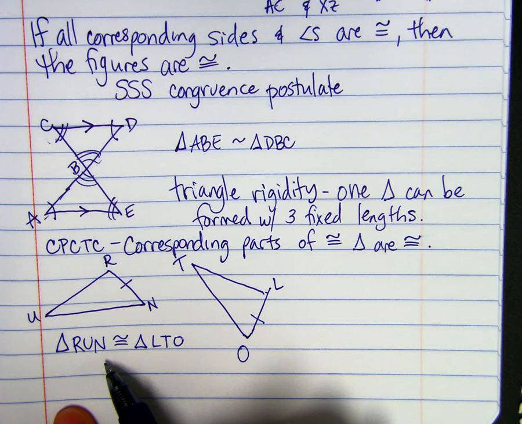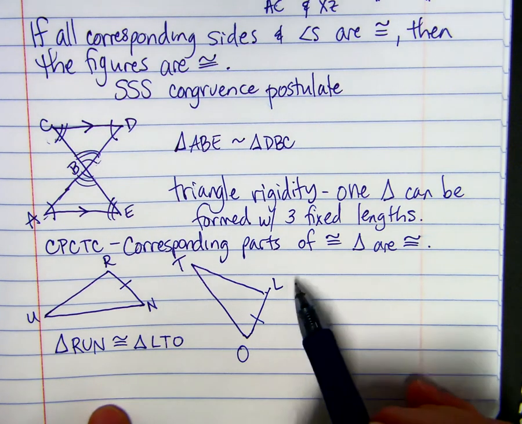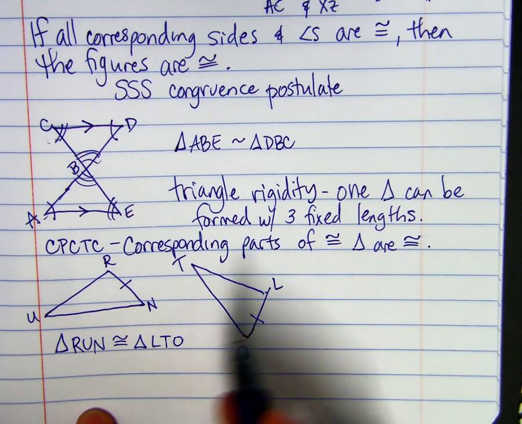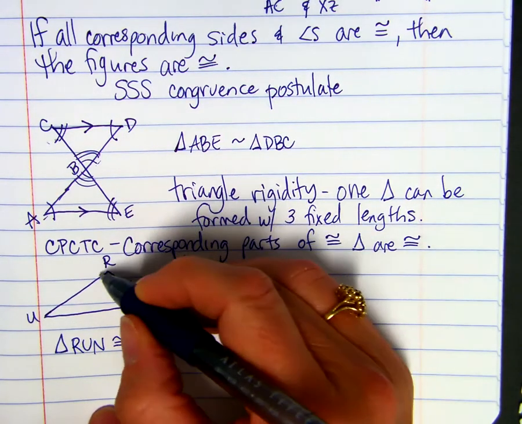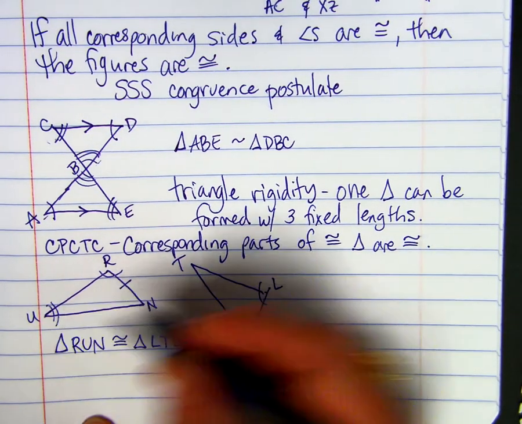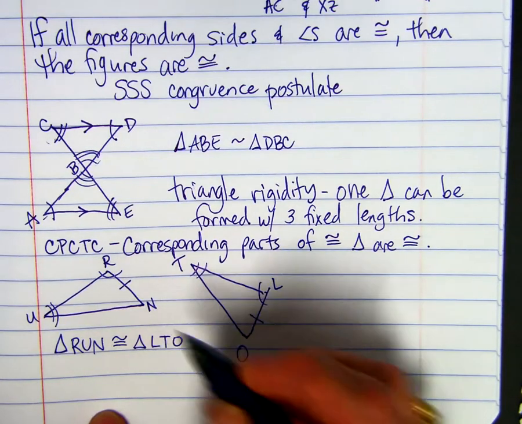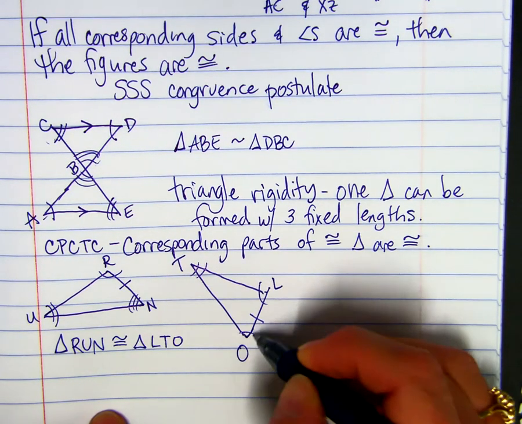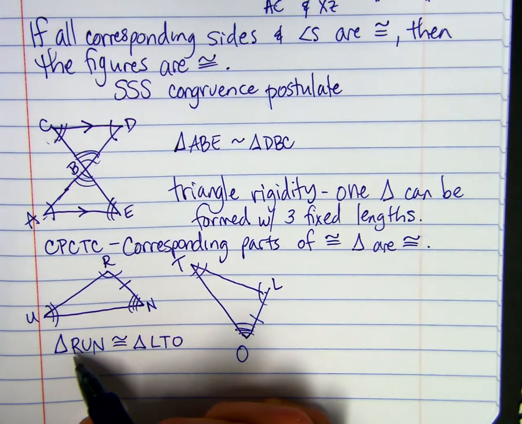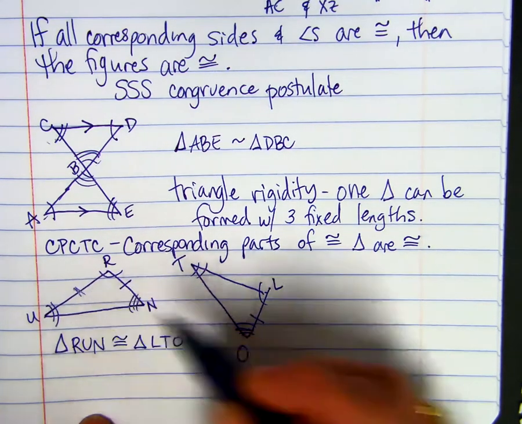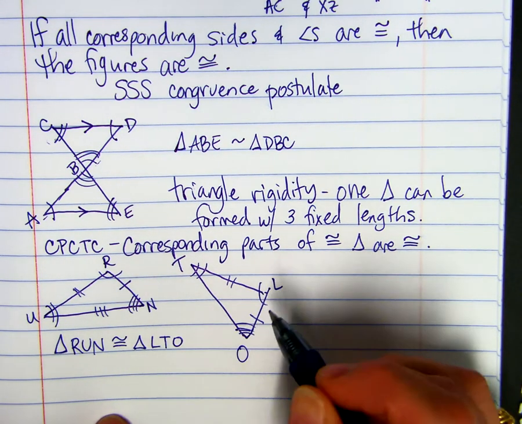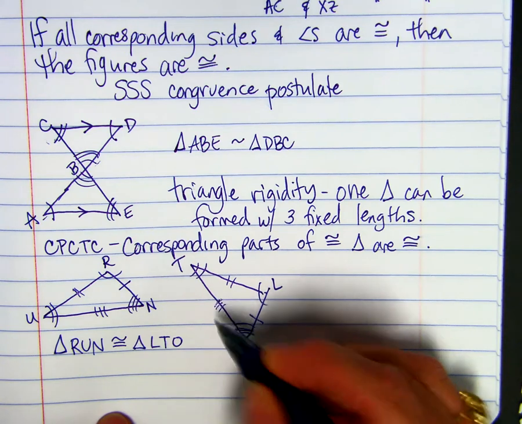So RN is congruent to LO. Angle R and L will be congruent to each other. Angle U and T will be congruent to each other. And NO, those are congruent to each other. And then RU and LT, those sides will be congruent. And then UN and TO.